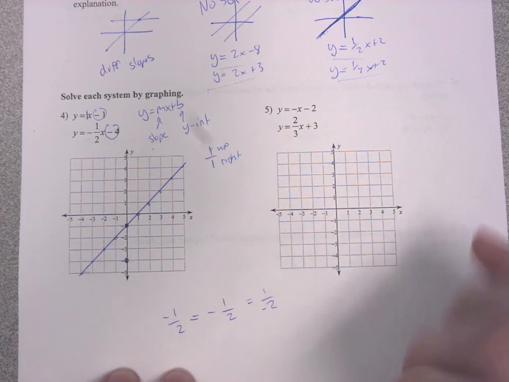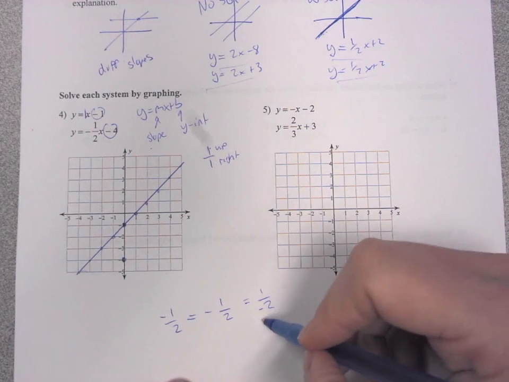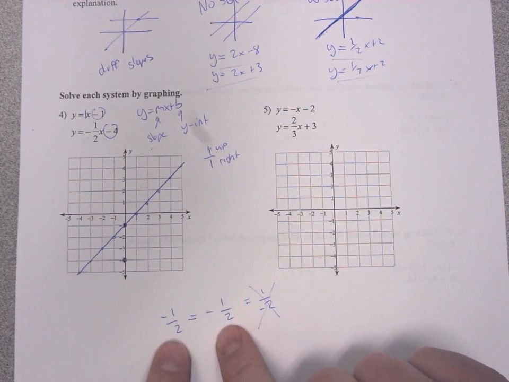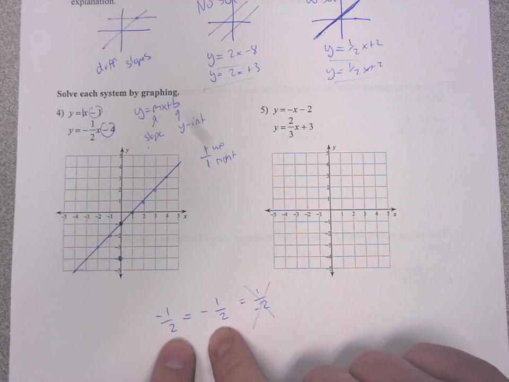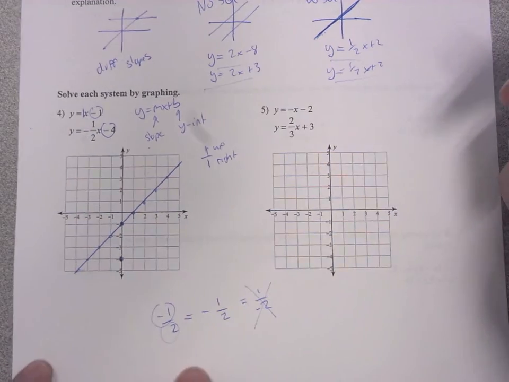And then this is actually equivalent. These are all the same thing, but this is not the way we write it. This is not simplified. Either of these are the way you're going to write it or the way you're going to see it written. So with this -1 over 2, the top is -1, the bottom is +2.